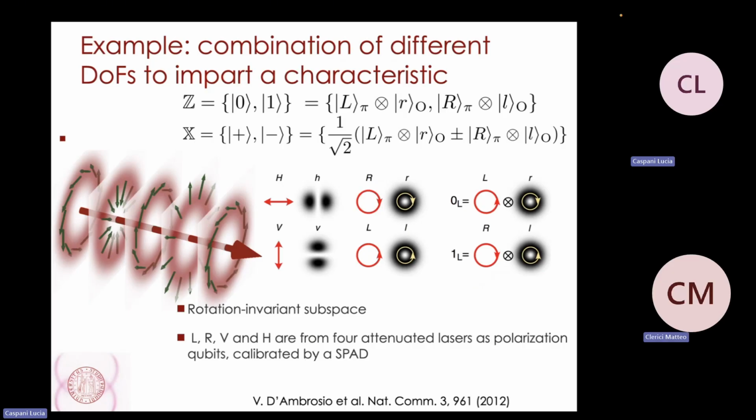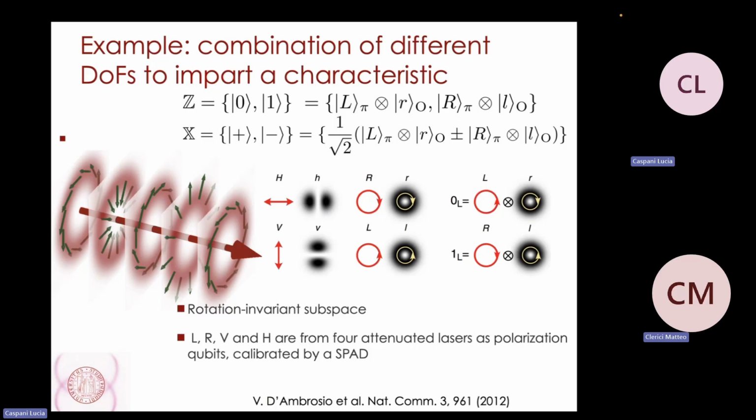One point that I would like to also stress is that you may be interested not only in having a single degree of freedom, but more than one, and to combine them. The most natural output would be to enlarge the Hilbert space, so you say, okay, I can send more quantum information with it.